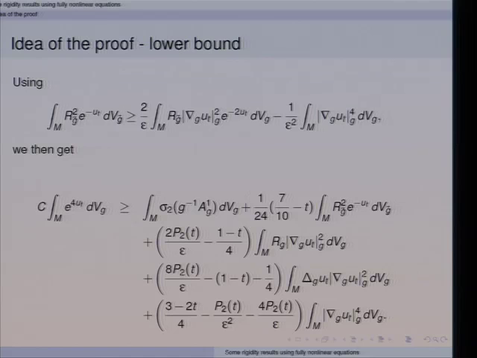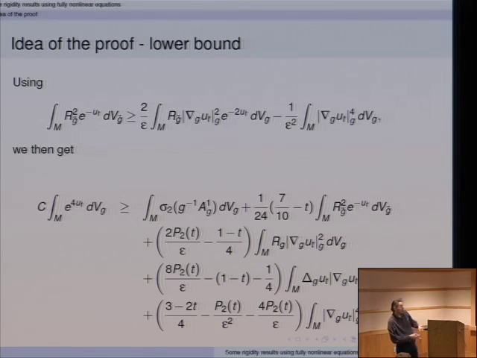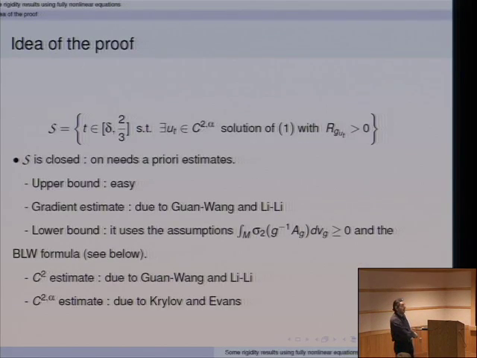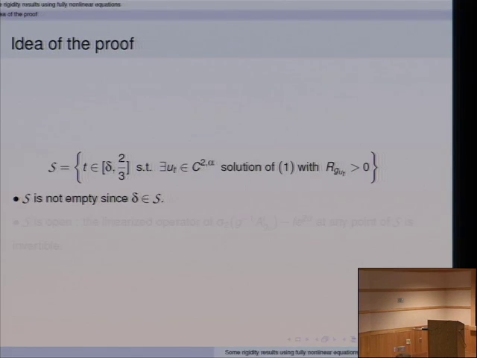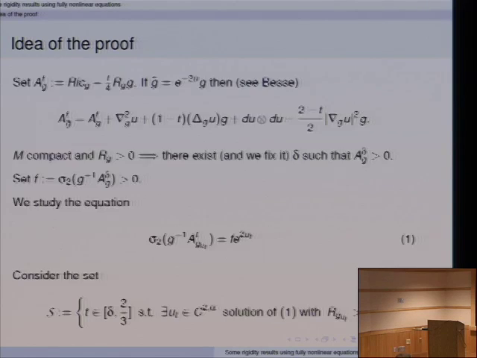So here everything is okay. So we can reach here in our set S this 2/3. So we have a solution of the equation. I can go back to the equation. So we have a solution for t equal to 2/3, since this function here is positive.